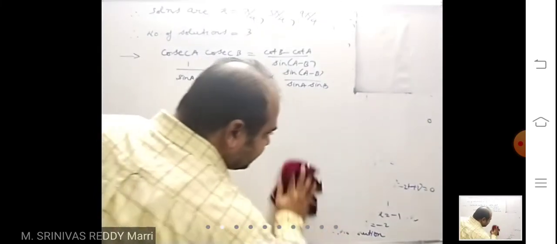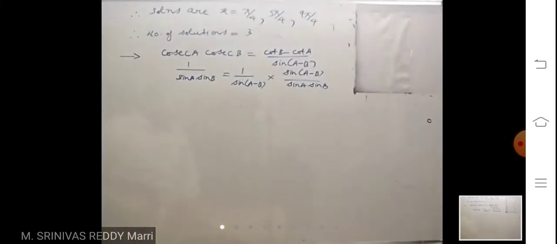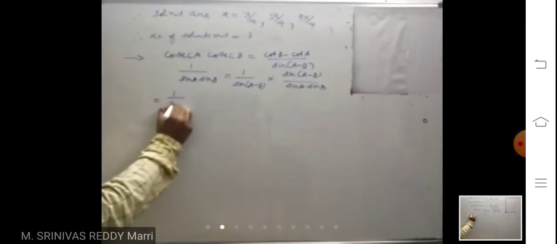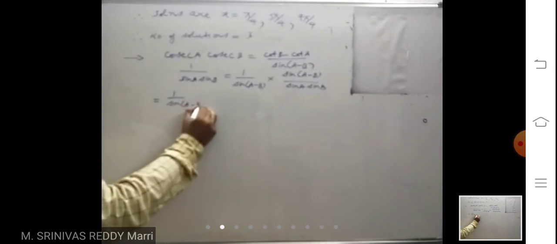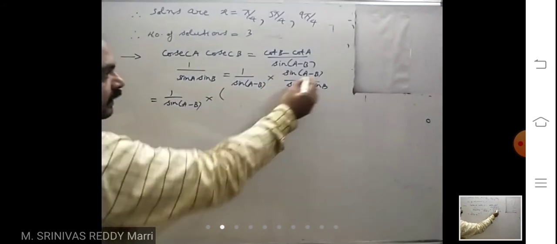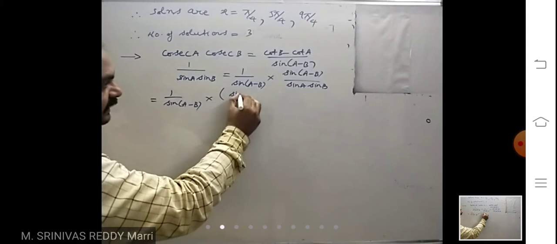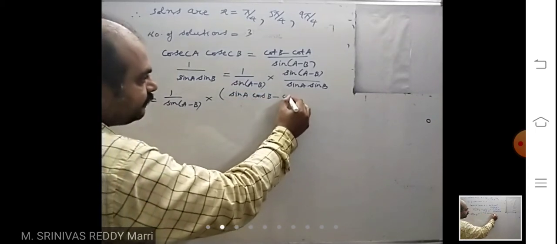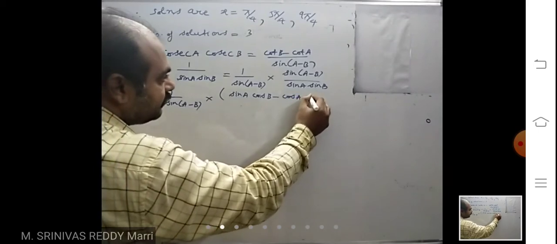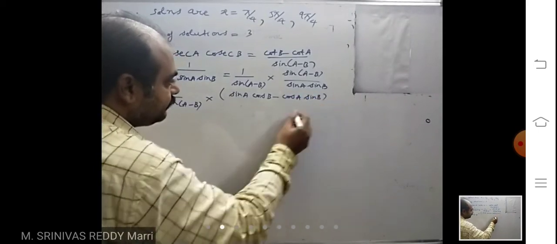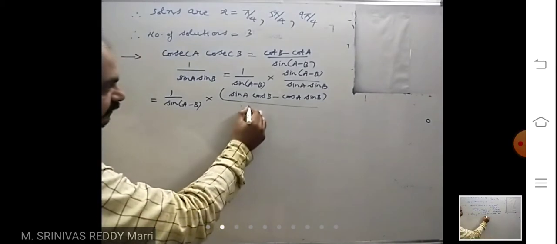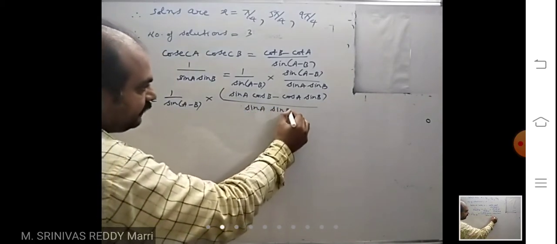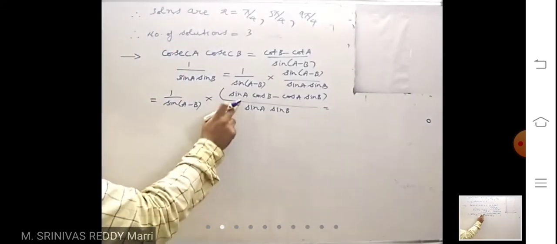If we multiply like that, this is 1 by sine of A minus B, times sine of A minus B, which is nothing but sine A cos B minus cos A sine B divided by sine A sine B. Now split this one.